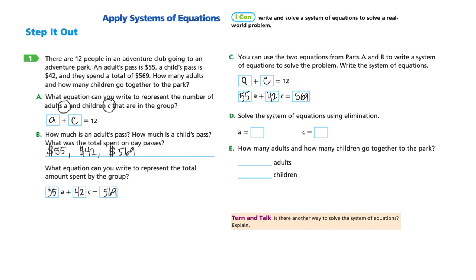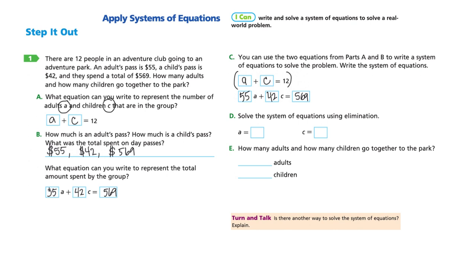So solve the system of equations using elimination. So this time we're going to have to do it a little differently because you can see there are no coefficients that just naturally add up to 0. So we're going to have to create that. So that means what you want to do is multiply one of the equations by something that would help you eliminate one of the variables.